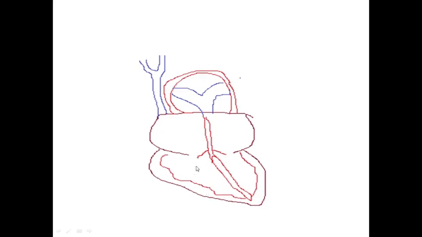So it produces the A wave. Then the C wave. When the blood has flowed completely to the right ventricle, the tricuspid valve is closed and isovolumetric contraction occurs in the right ventricle, so the tricuspid valve bulges to the right atrium. It produces a wave called the C wave.